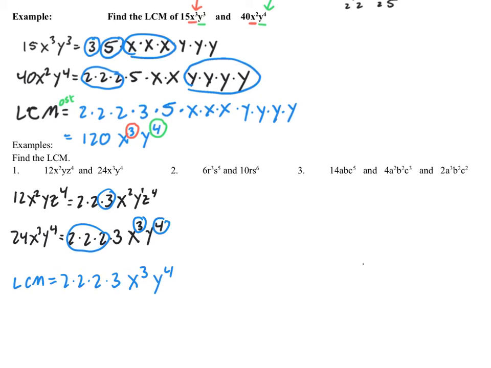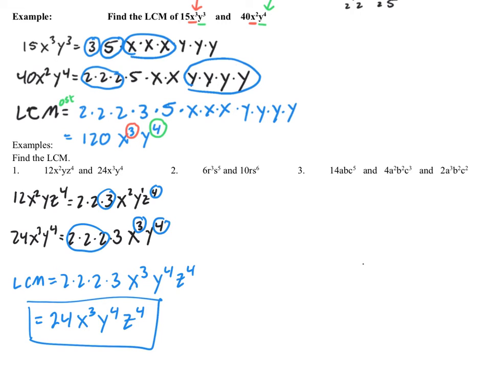And then we have a z to the 4th, and the other one doesn't have any z's at all. But what's bigger, a z to the 4th or no z's? Well, a z to the 4th is larger than nothing, so that's the one we're going to pick. So we end up with a least common multiple of 24 x cubed y to the 4th z to the 4th. And that would be our final answer.